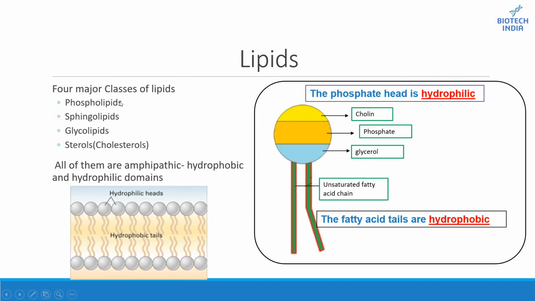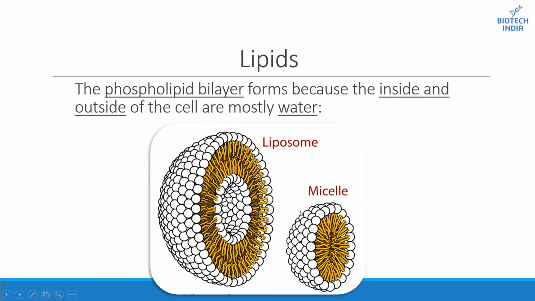Coming towards structure of lipid component, there are four major classes of lipids, which are phospholipids, sphingolipids, glycolipids, and sterols. So these are amphipathic in nature, which have a hydrophilic head and hydrophobic tails of unsaturated fatty acids. So, thanks to the amphipathic nature of lipids, in water or aqueous solution, phospholipids tend to arrange themselves in these structures.